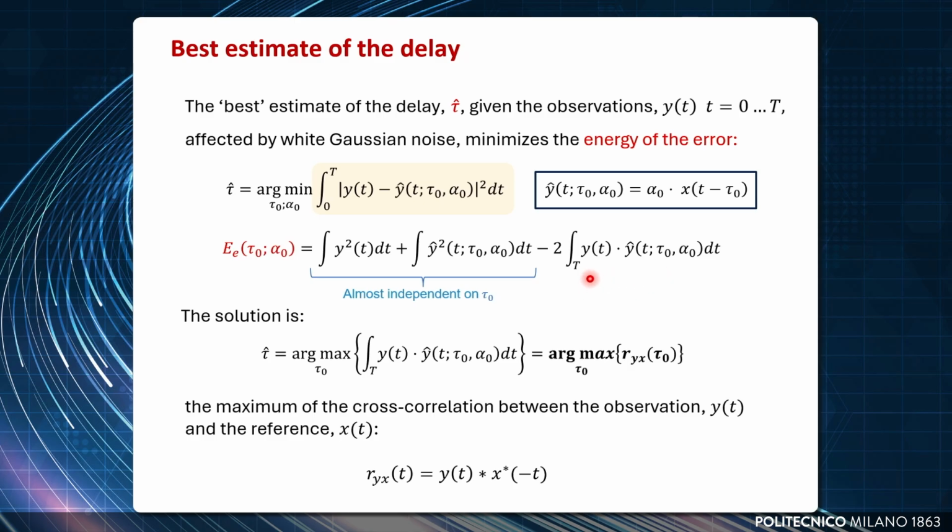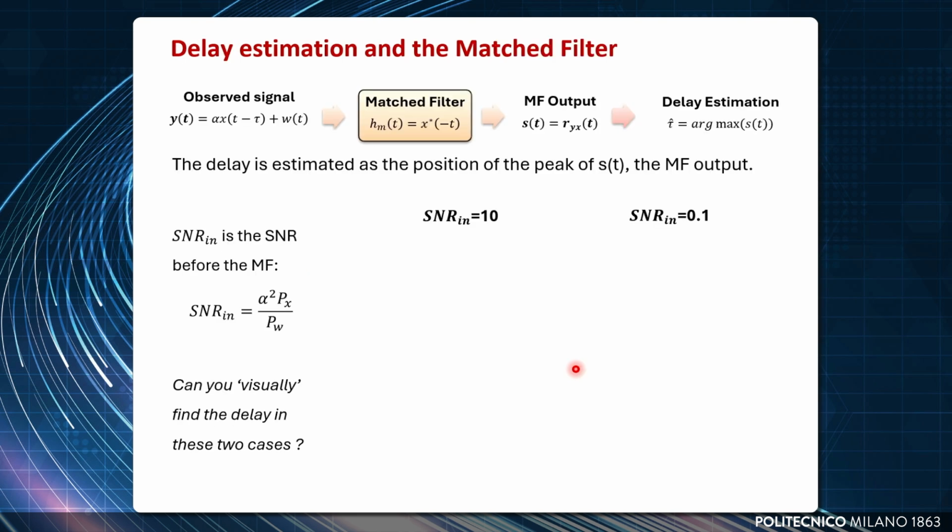But this term is a cross-correlation between the observed signal and the model that depends on these two parameters. So here we have the solution. The solution is a value of the parameter tau that makes the cross-correlation between the observed signal and the model as large as possible. And this is, of course, our best statistical solution.